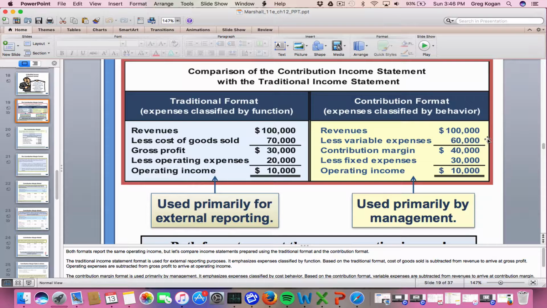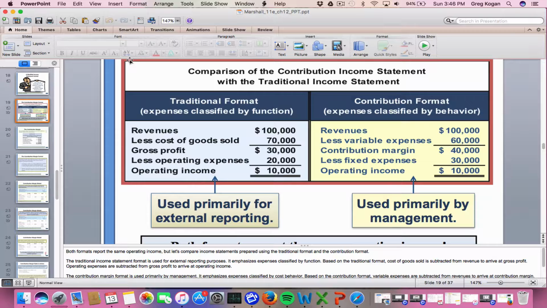That's all variable expense, less contribution margin. What about management salaries? What about the rent on the factory? Things like that. And then we have operating income, which is closer to net income, but is basically income after operations.